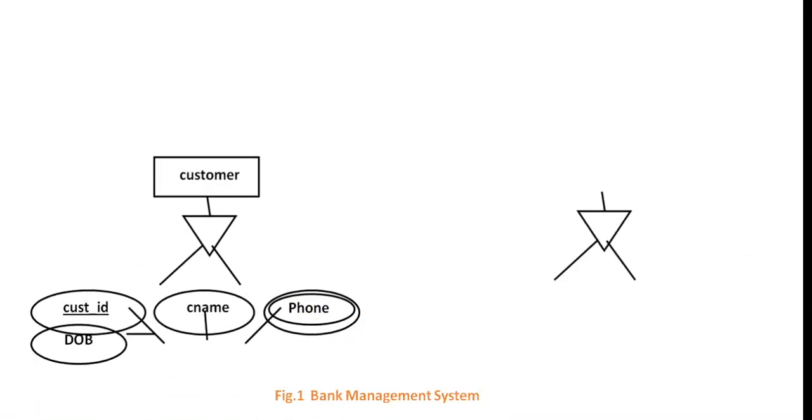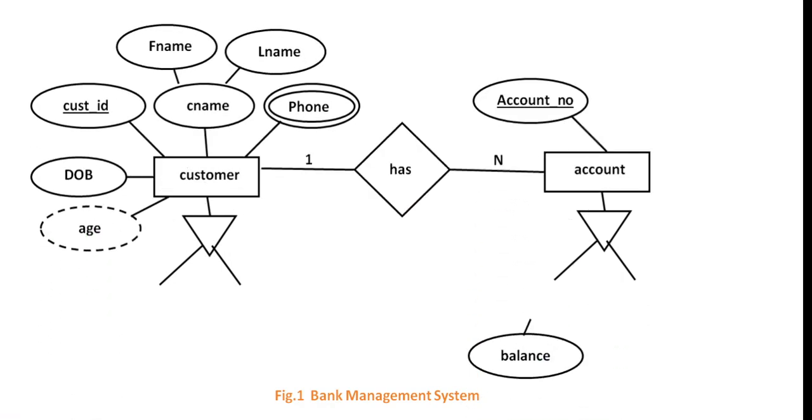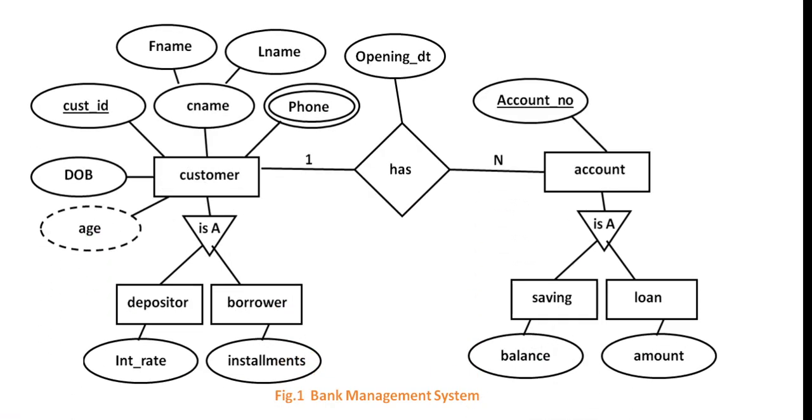Now let's see the enhanced ER diagram for a bank management system. Here I have taken only two entities, customer and account. The customer entity has attributes customer ID, customer name, date of birth, phone and age.